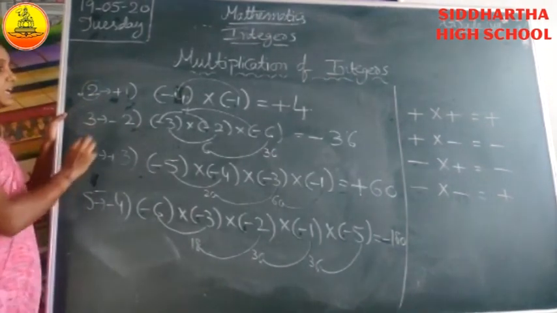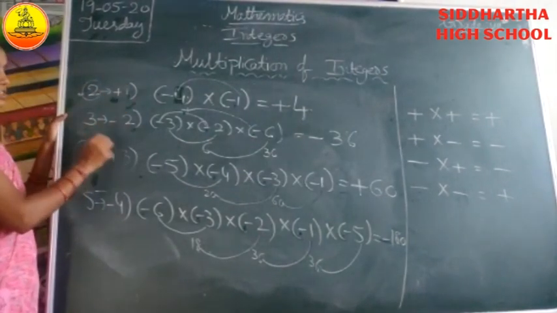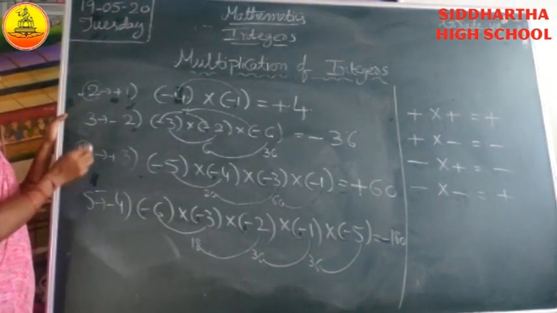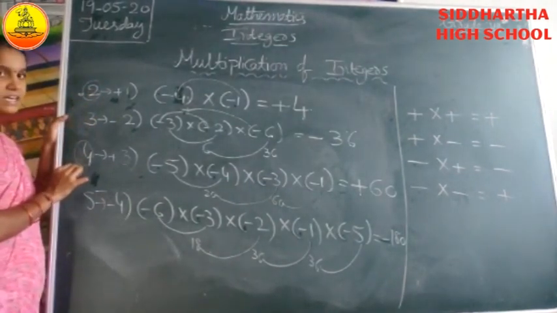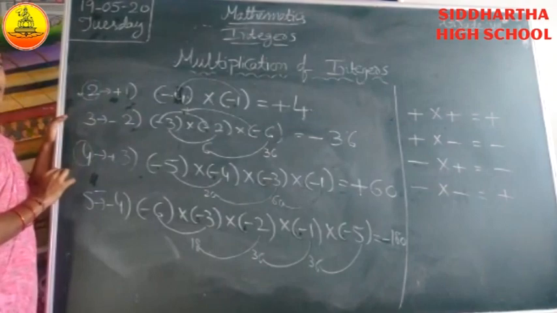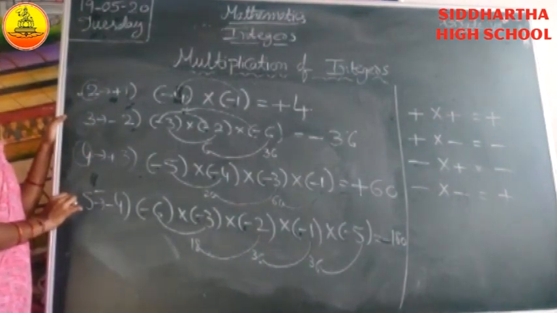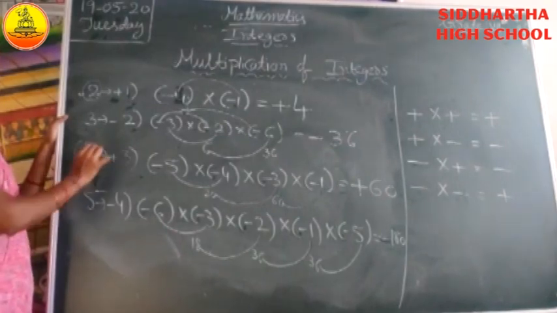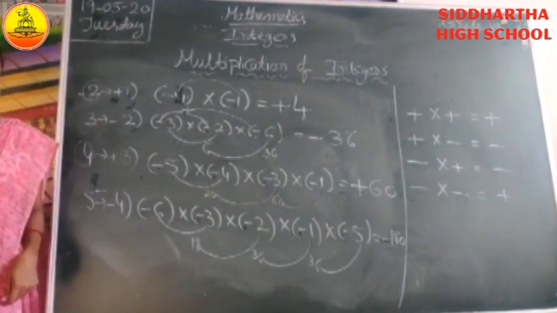Whenever we take an even number of negative integers, the result will be positive. If we multiply an odd number of negative integers, the result will be negative. Okay. Did you understand? Next.